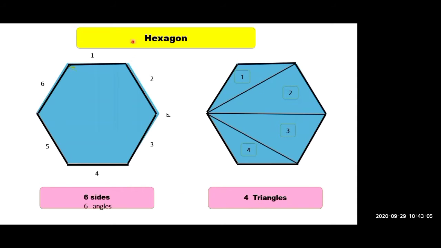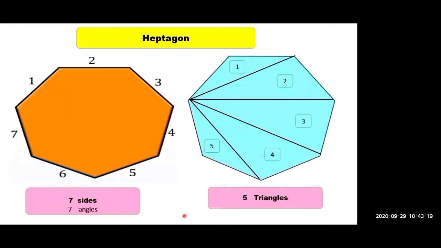So in hexagon, there are 6 sides, 6 angles and 4 triangles are formed. Okay, children? Now, next polygon.